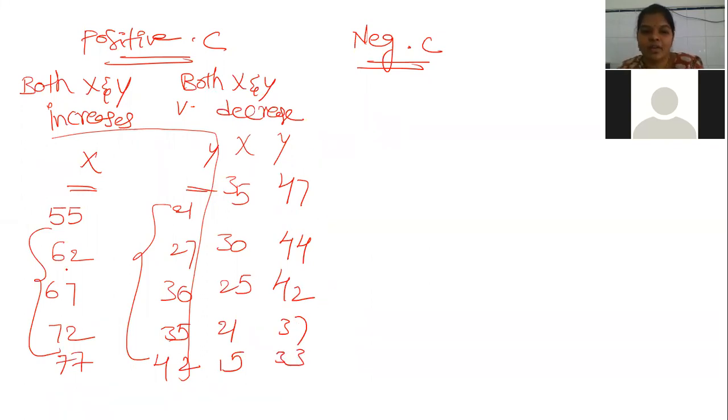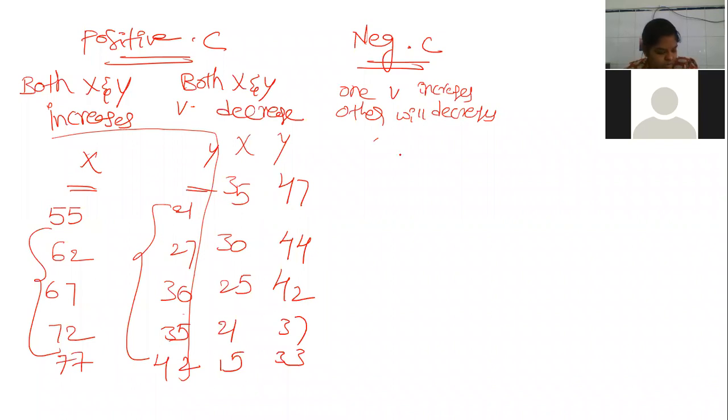So either the values both increase or both decrease, and these come under positive correlation. If it is a negative correlation, write down that one variable increases while the other decreases.